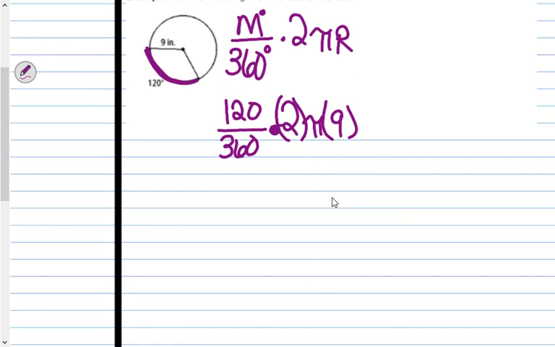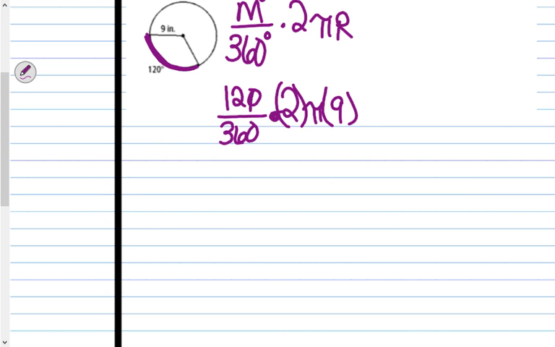120 over 360. Well, I can cross that out, reduce. Now it's 12 over 36. I also know that 12 goes into 12 one time, and 12 goes into 36 3 times. This becomes 1 over 3 times 2 times 9, which is 18 pi.